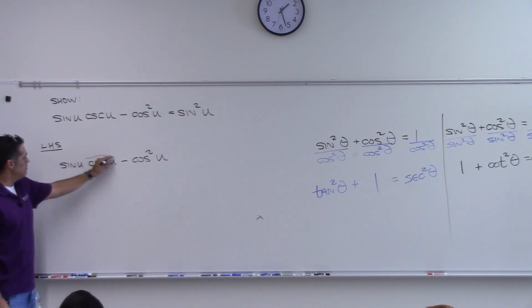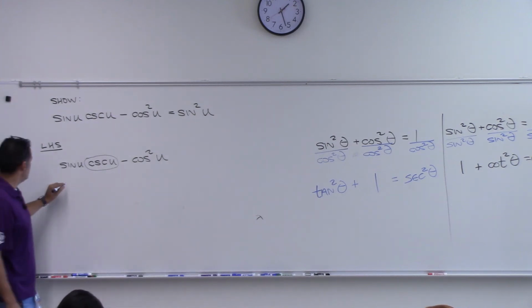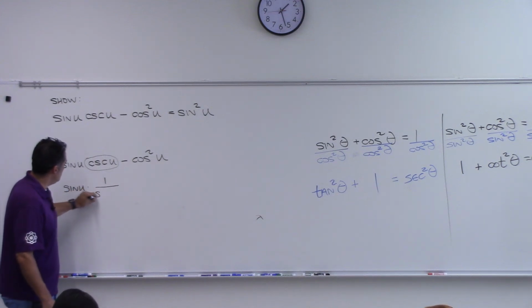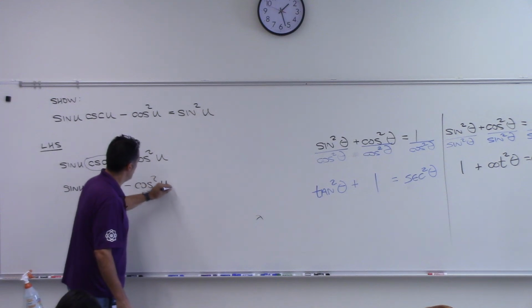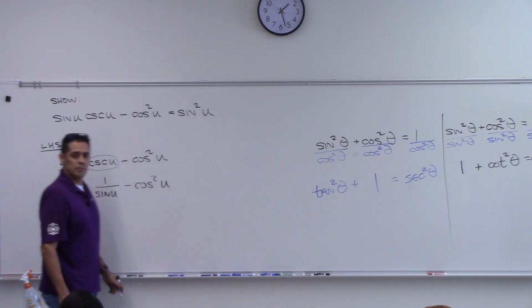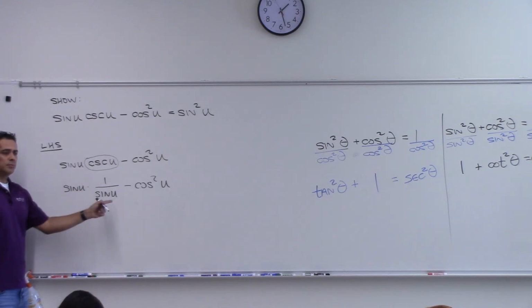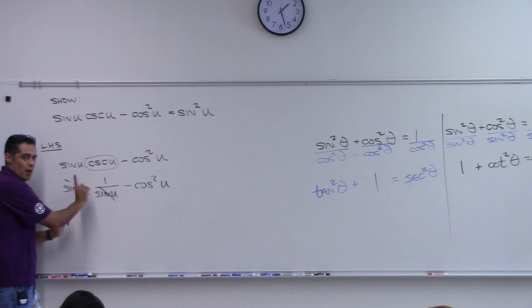Cosecant is 1 over sine, right? So this is just sine u times 1 over sine u minus cosine squared u, right? And what's sine u times 1 over sine u? They cancel, right? You just get a 1. This doesn't become 0, right? That becomes a 1.